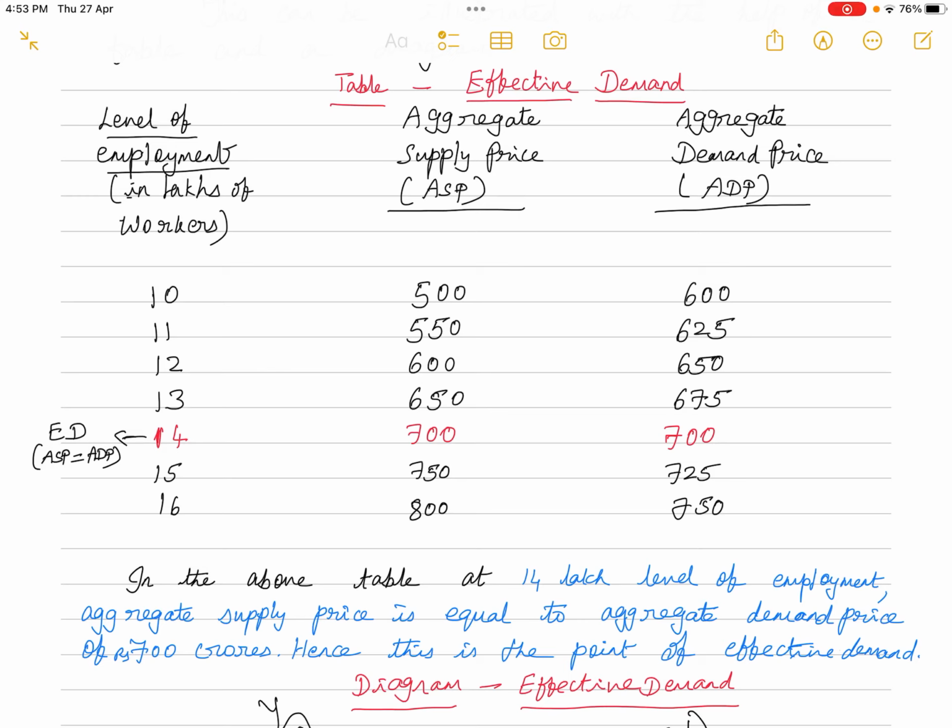What you're observing from this table is that initially 10 lakh labor force is employed. All the producers in the country together are giving employment to 10 lakh workers. These 10 lakh workers are producing goods worth 500. Sorry, this is aggregate supply price in crores, and even the aggregate demand price must be in crores.